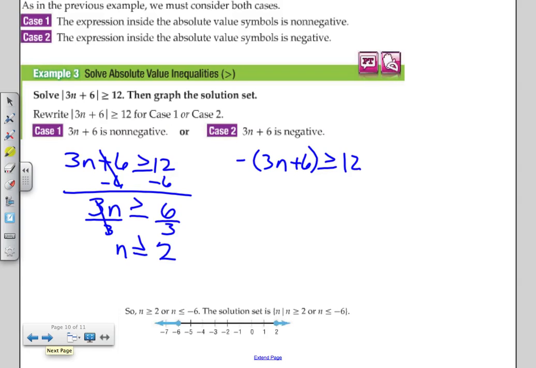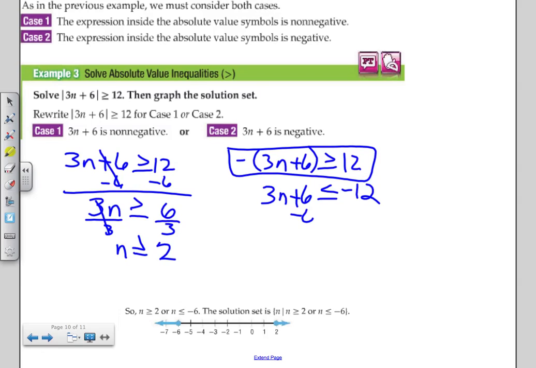Now over on this side, we'll flip this thing around, and I'm going to skip a couple of those steps this time. And we're just going to write this as 3n plus 6, flip the sign, is greater than or equal to negative 12. All right? Everybody follow me? I skipped a couple of those explanation steps because I think if you just realize when you set this problem up first, you just take that and move that over to there, and you're in good shape, okay?